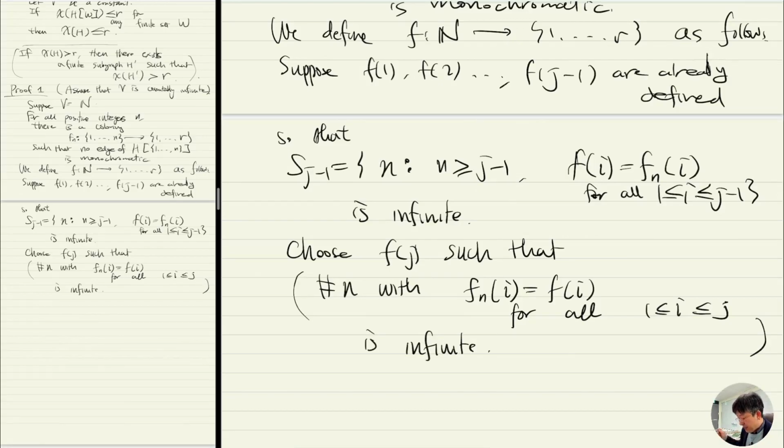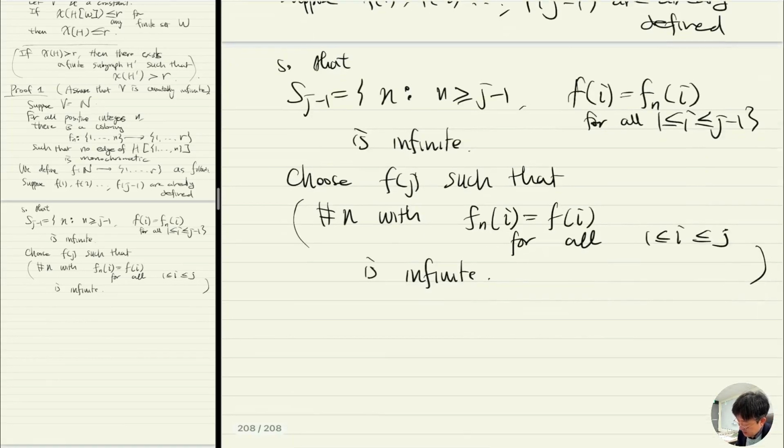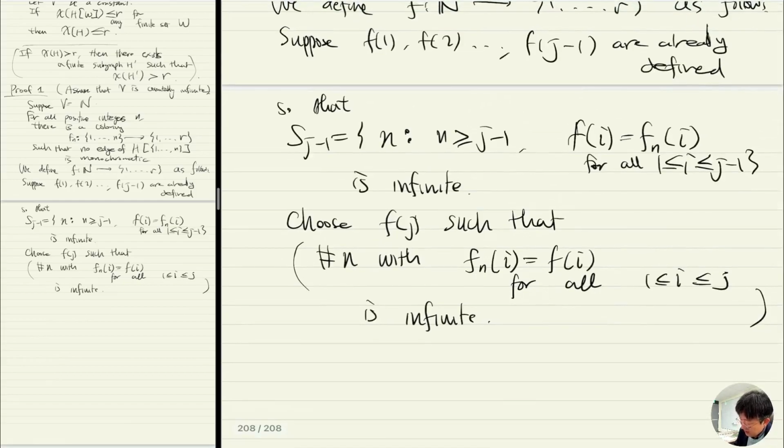Because there are only finitely many possible values, by the pigeonhole principle, there is a choice of f_j such that this is possible. So that's how we define f_j.